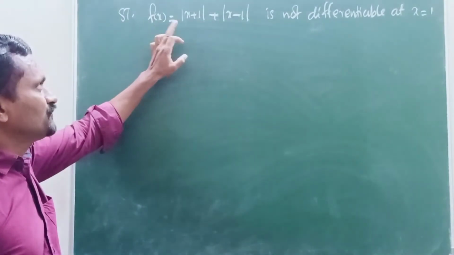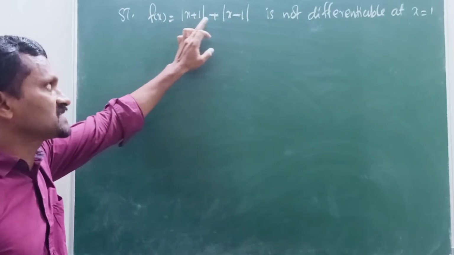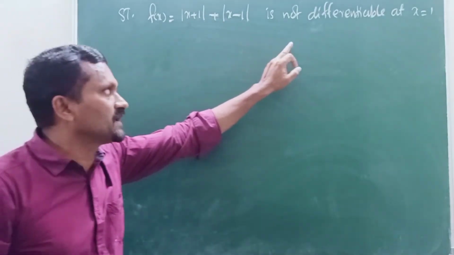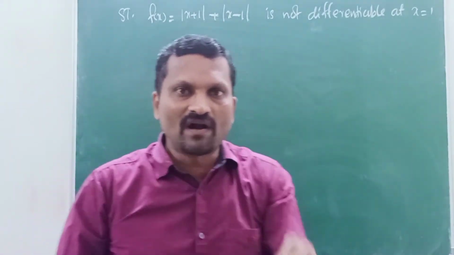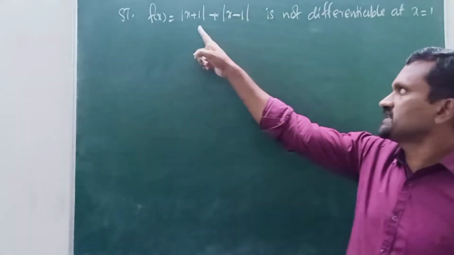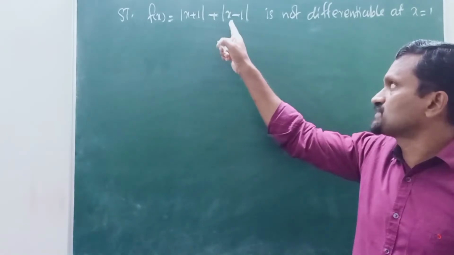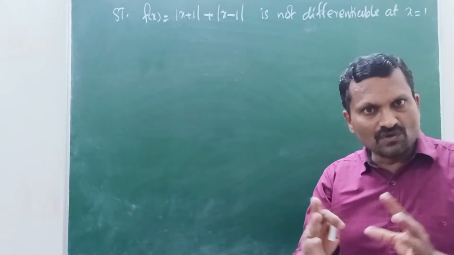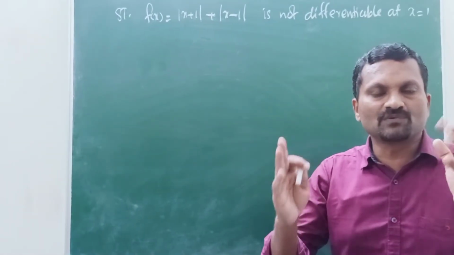Show that f of x is equal to mod (x plus 1) plus mod (x minus 1) is not differentiable at x is equal to 1. Here the function is mod (x plus 1) and mod (x minus 1). So we split or find the value separately.